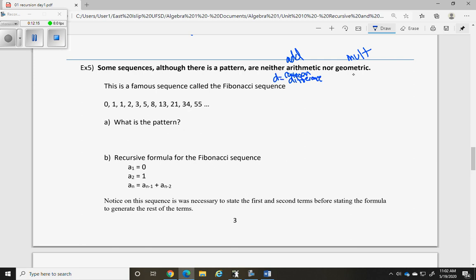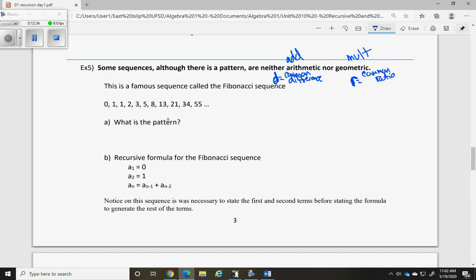And with a geometric sequence, we call it a common ratio, and we use R to represent it. This is the number that you keep on multiplying by, while this D would be the number you keep on adding by.